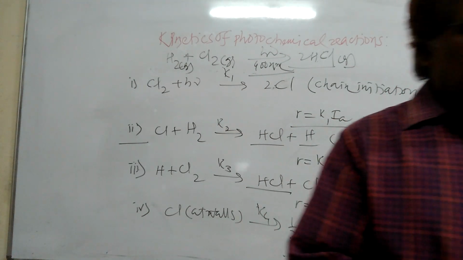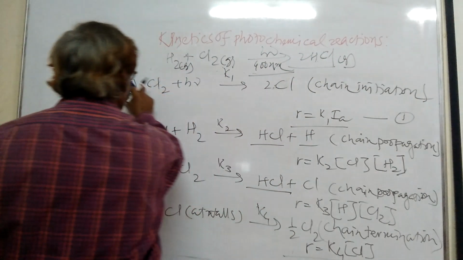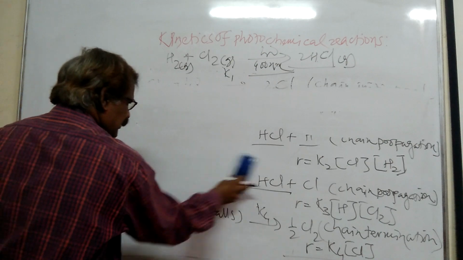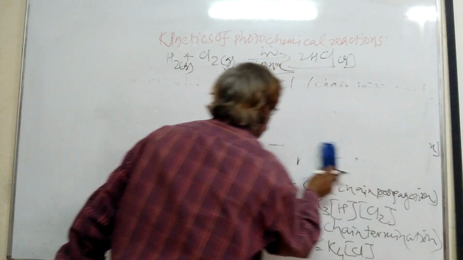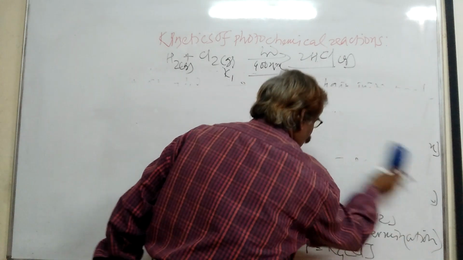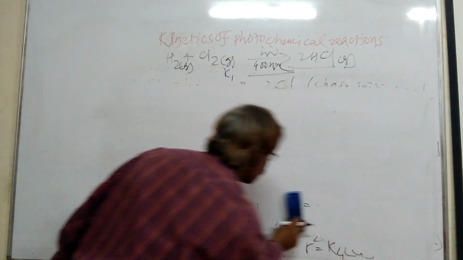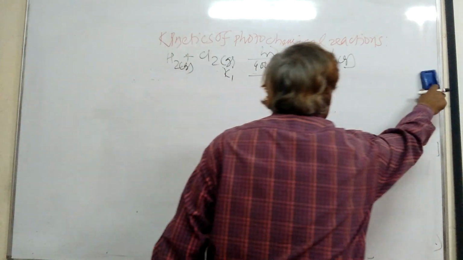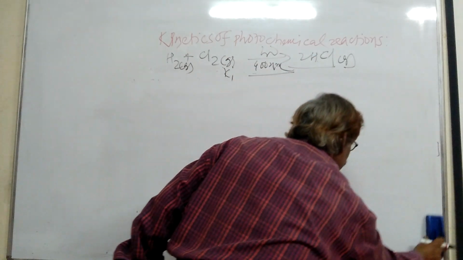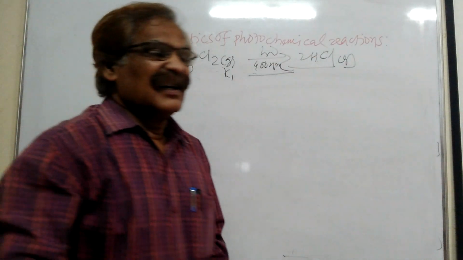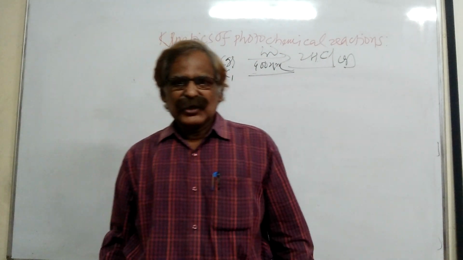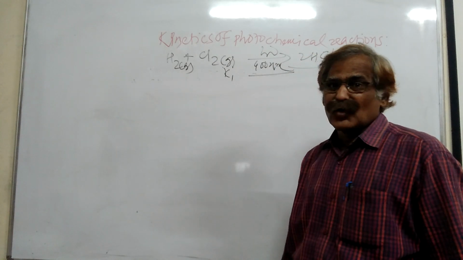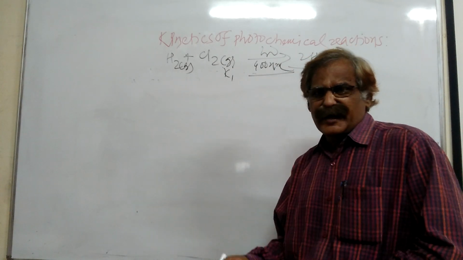Before deriving an expression for this overall photochemical reaction taking place between H2 and Cl2 and giving HCl on absorption of UV radiation of wavelength 400 nanometer, let us see at first one important concept used for deriving the rate law of any photochemical reaction involving chain reactions.